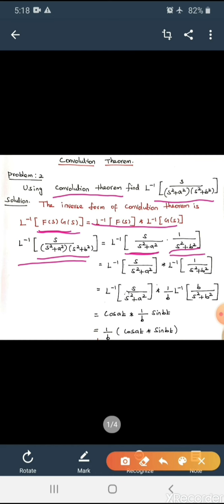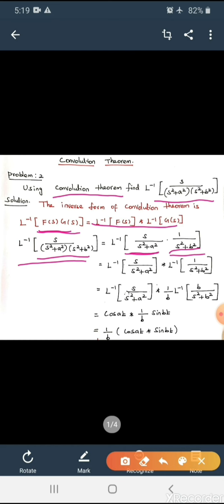Now we want to apply inverse Laplace transform. So this is equal to L inverse of s by s square plus a square convolution, and in the second term we are multiplying and dividing by b. So we get 1 by b L inverse of b by s square plus b square.